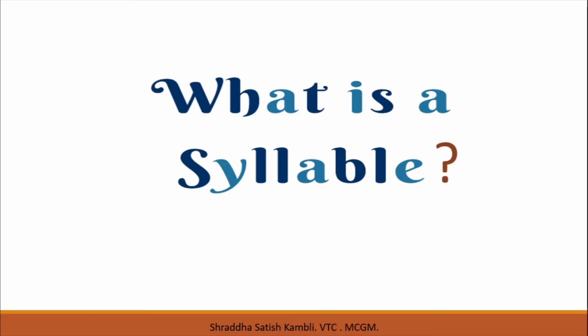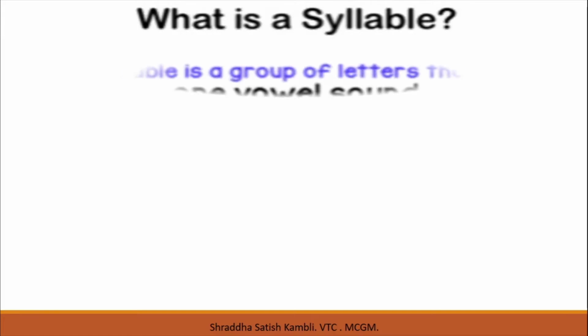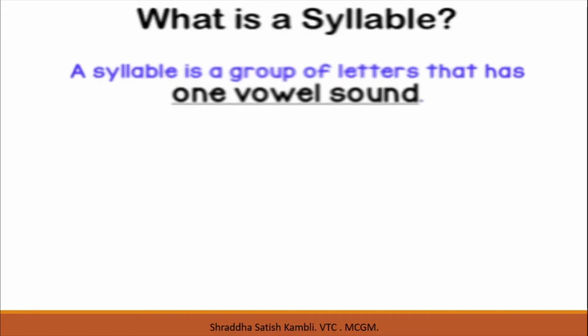So let us look at this particular exercise and what is the exercise telling you? It will tell you about syllables. So let us try and understand what the meaning of a syllable is. So what is a syllable? A syllable is a group of letters that has one vowel sound. So now what is a vowel sound?